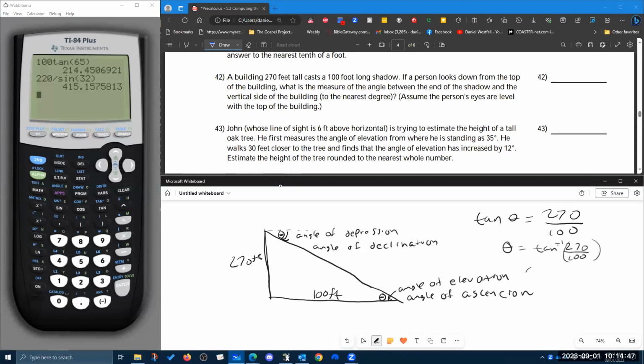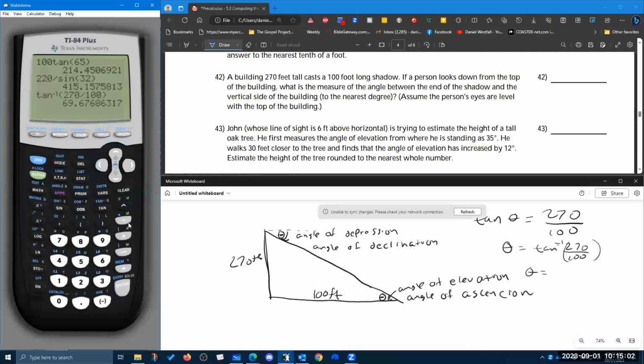So let's do it with our calculator. And we have to use an inverse trig function for an angle like that. So to the nearest tenth of a degree, to the nearest whole degree, this is about 70 degrees.